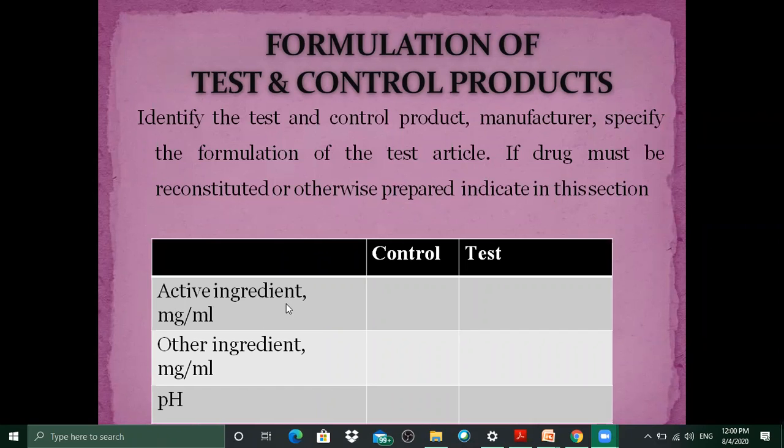Whether it is the active ingredient, what is milligram per ml, then what other ingredients there are, that also you have to mention, and then you have to mention the pH of the drug. For both the drugs, you have to do this test.